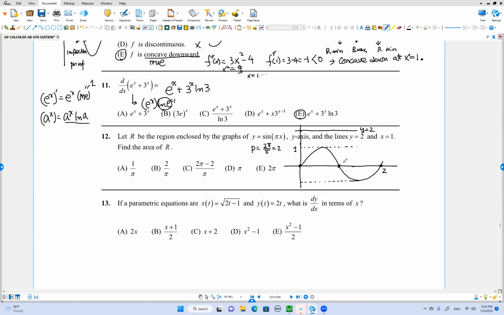This is x equal 1, right? Half of this 2, that is x equal 1. So where is the area? This is the region enclosed by y equal 2, x equal 1, and y equal sine pi x.